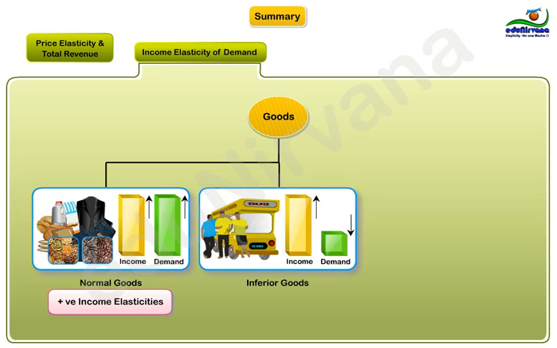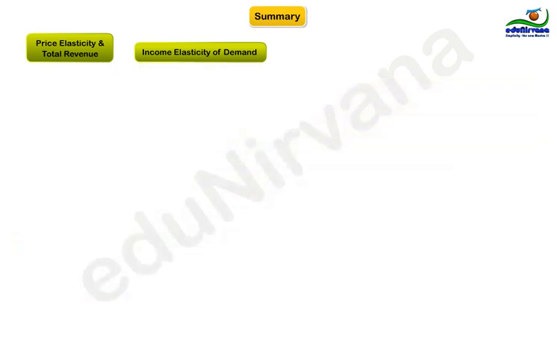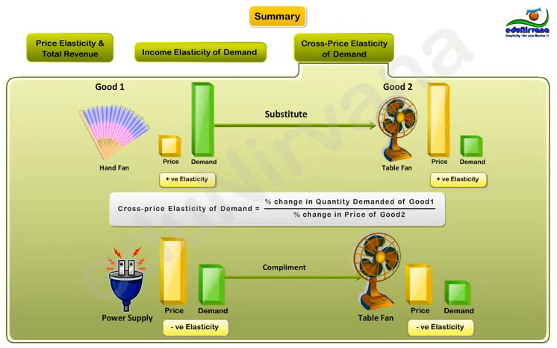Inferior goods have negative income elasticities. Luxury goods, like cars, tend to have positive income elasticities because consumers feel that they can afford these goods if their income increases. Then the concept of cross-price elasticity was discussed.